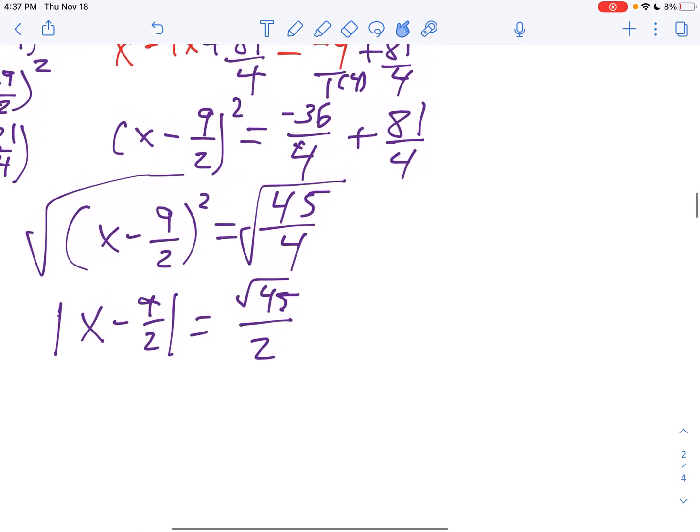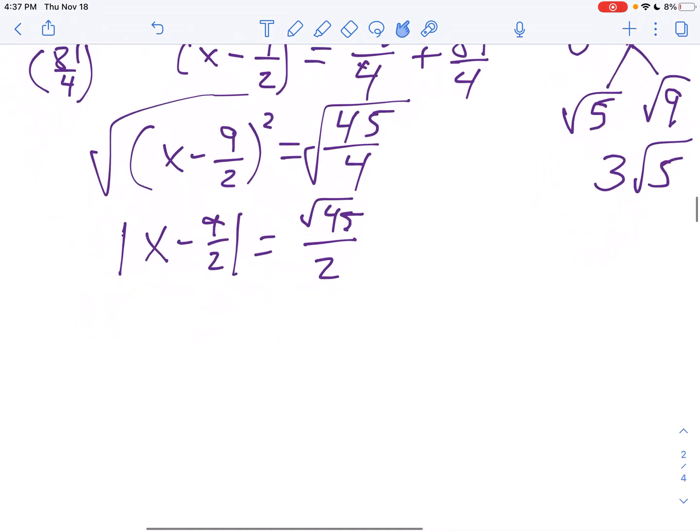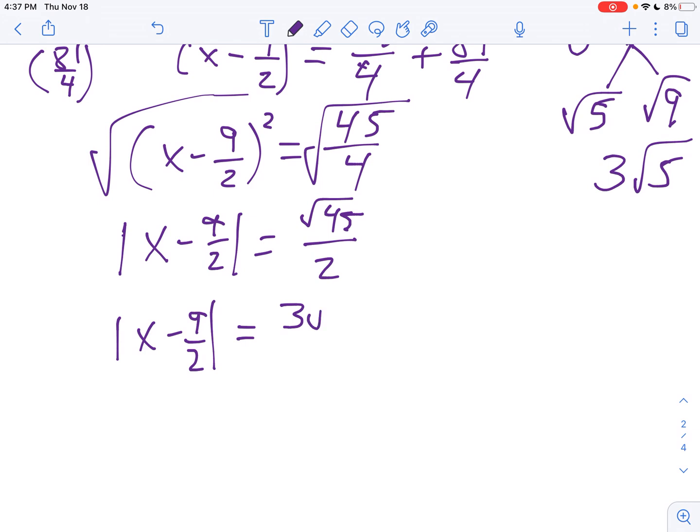So I'll make my factor tree for the square root of 45. What goes into 45? Well, 5 times 9. And what's the square root of 9? Well, that's 3. So this is 3 square roots of 5 when I simplify it. So then we get the absolute value of x minus 9 over 2 equals 3 square roots of 5 over 2.